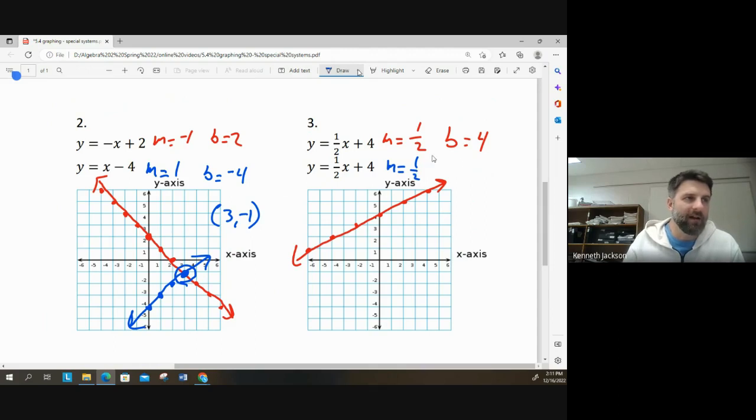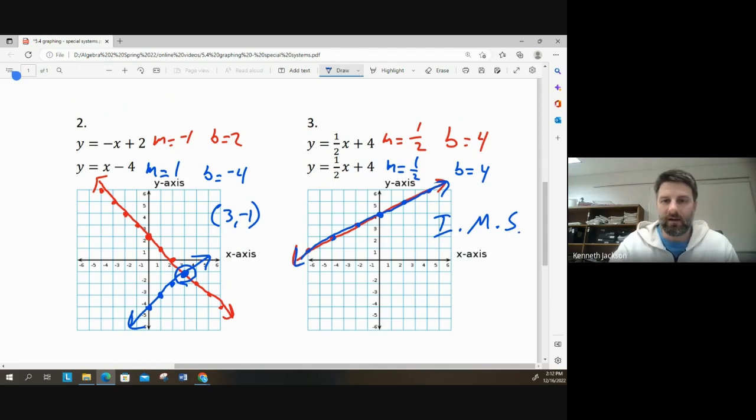That's a slope of 1/2 and a y-intercept of 4. Start at 4, up 1, right 2, down 1, left 2, and obviously these lines are directly on top of each other. They share an infinite number of points, so we can say there are infinitely many solutions. Hopefully that helps.